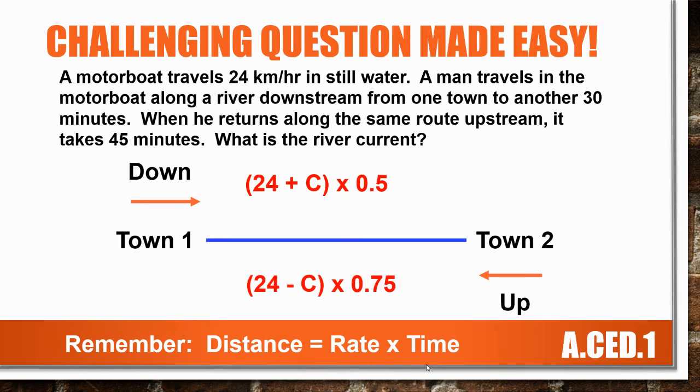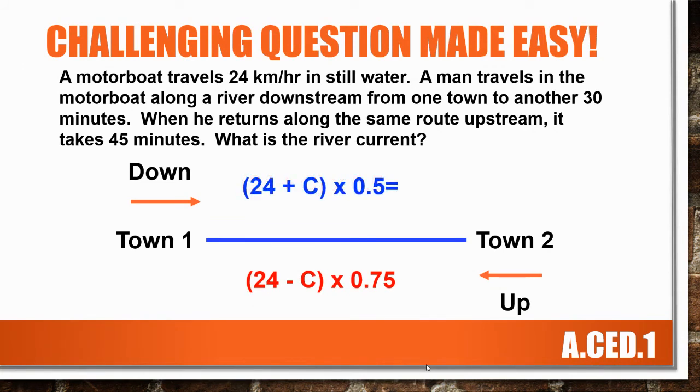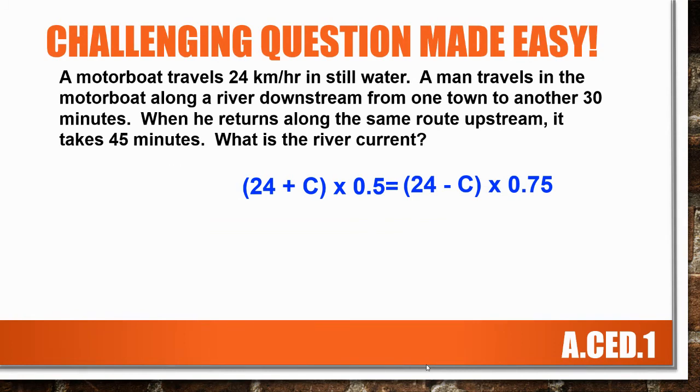Very nice. Now, we know that those two distances are the same. So we're going to set them equal to one another. And now we have an algebra problem. So when we distribute the half, we get 12 plus 1/2 C. When we distribute the 75 hundredths, we get 18 minus 75 hundredths C, or 3/4 C.